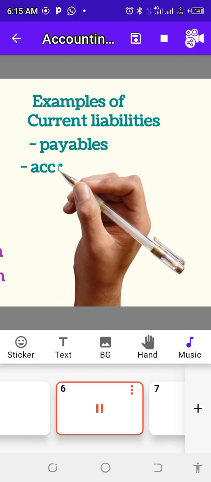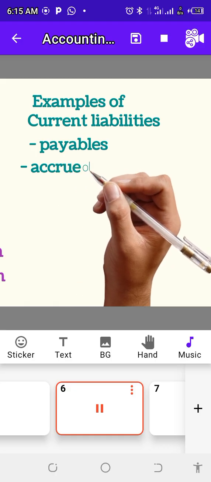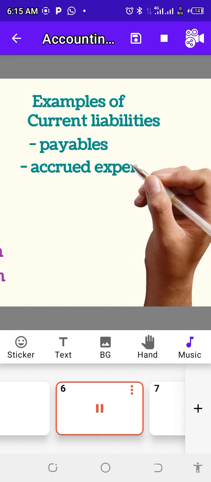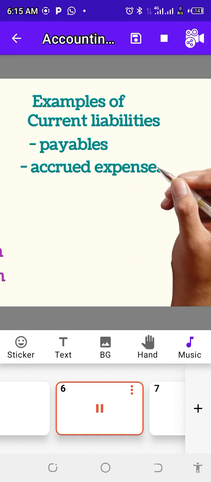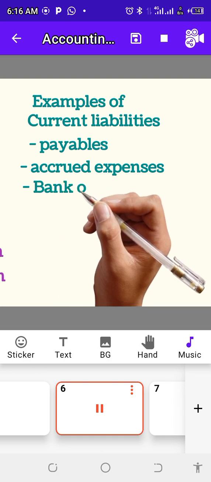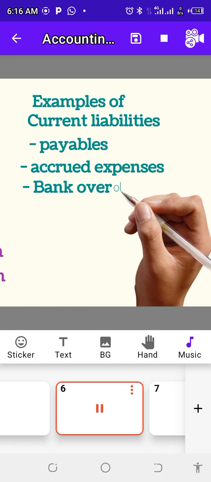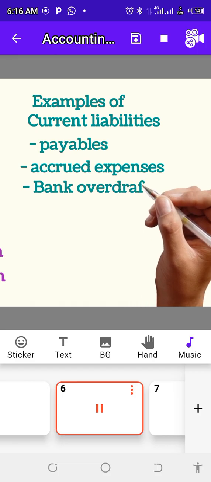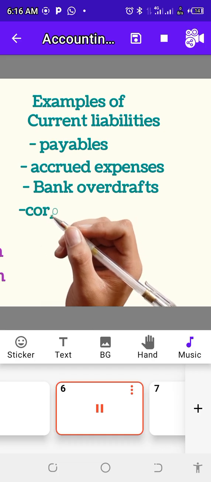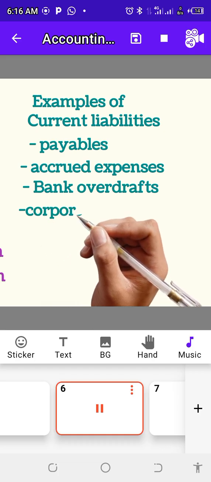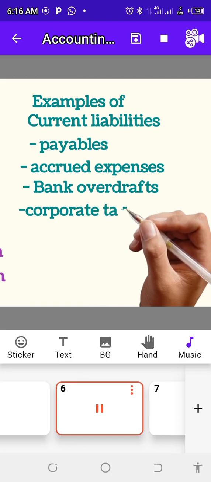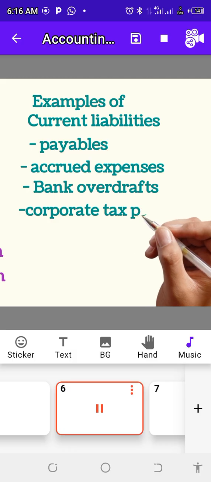Now we talk about the accrued expenses, the bank overdraft, short-term bank loan. We talk about corporate tax payable.